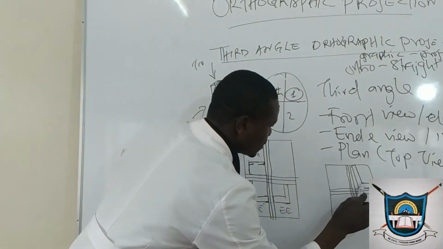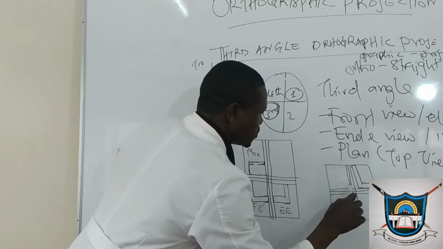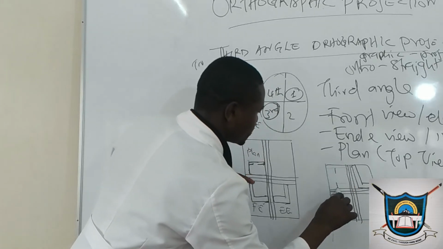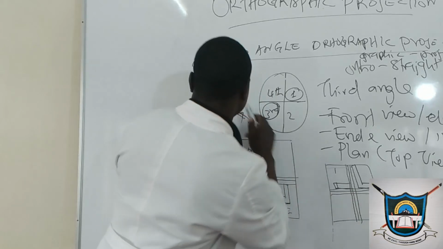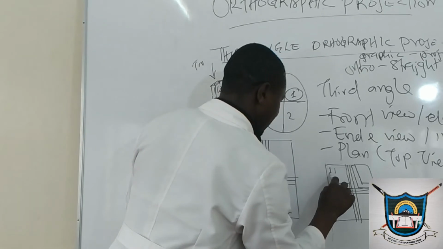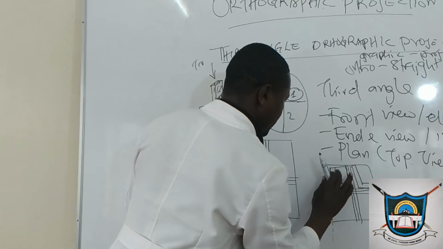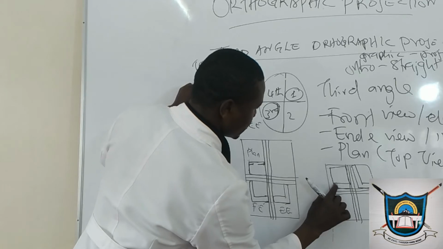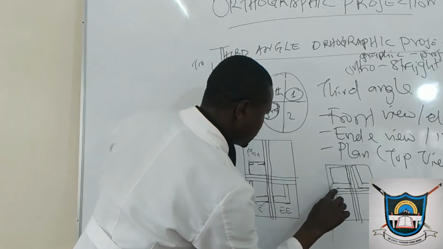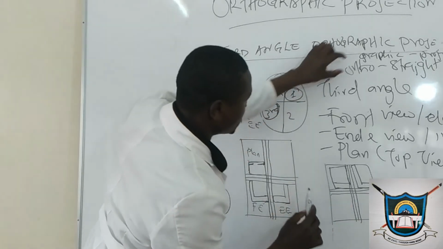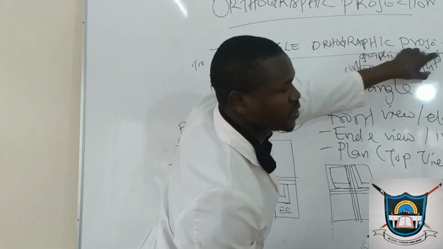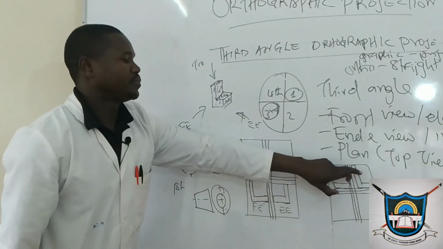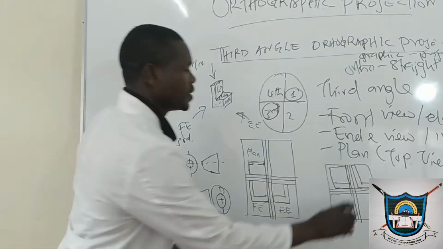So I project. I'll be seeing this face, this face, this one, and this one, directly projected. Remember we said orthographic is drawing by projecting. So this is our end, this is our front.